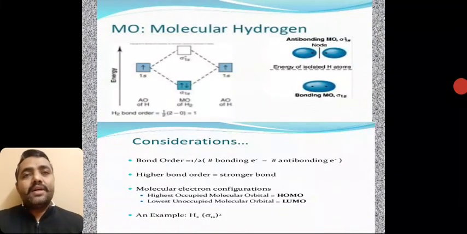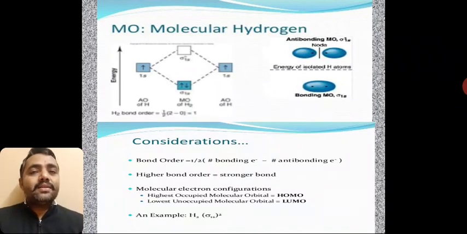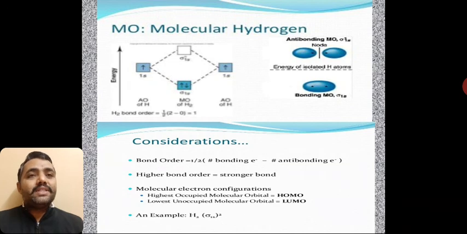Then next, how will you represent it in the molecular orbital energy level diagram? It is like this. You can show an arrow on the left side for energy, or you can write only E, no problem at all. Same as molecular hydrogen, which we discussed before. For hydrogen, the electronic configuration is 1s1, which means the valence shell orbital is the 1s orbital, and the other hydrogen atom is the same.